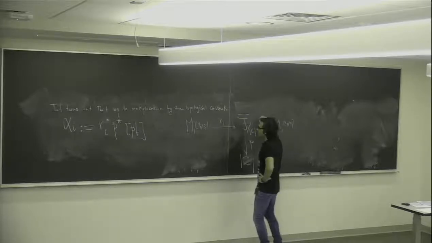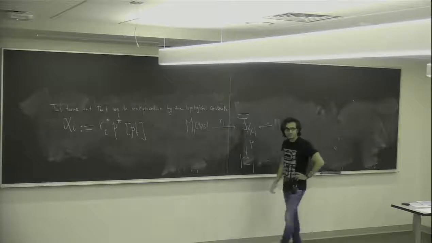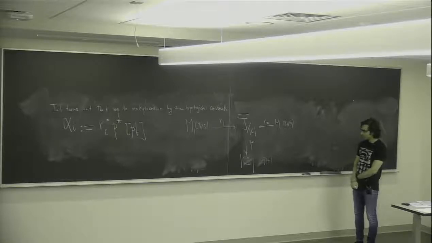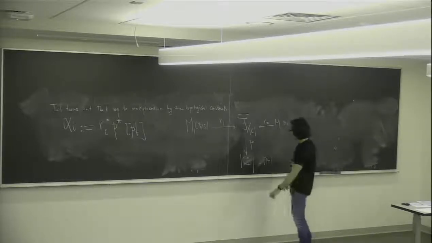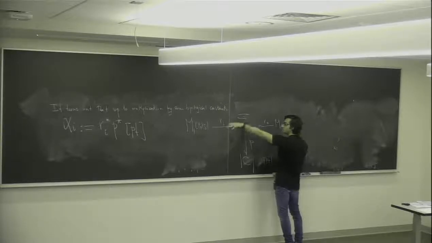But this ambient thing is six-dimensional, so if I pull it back again, I will get a three-dimensional thing. Okay? So really, alpha i's are both given by pulling back a point class along the Lagrangian fibration, and then pulling back one of them to M1 and one of them to M2.